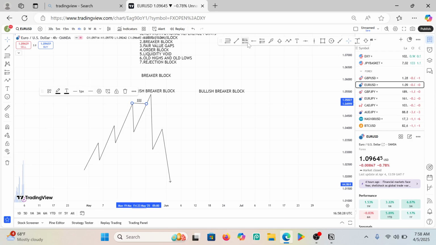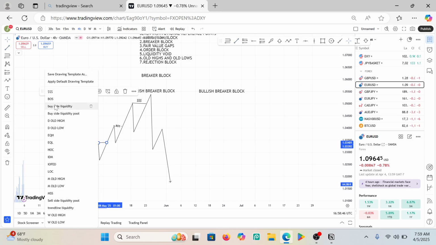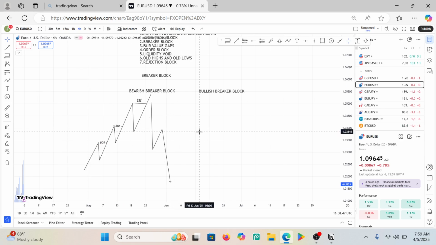There's a sweep of liquidity on the recent high, and there's a market structure shift.